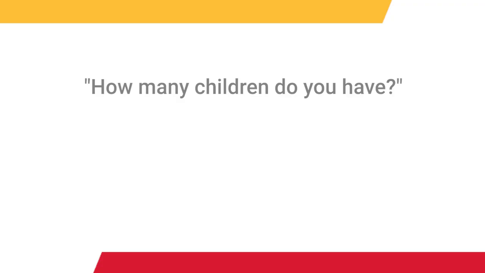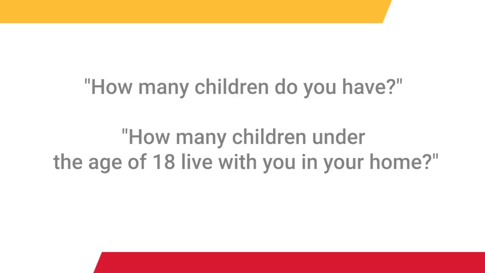For example, the question, "How many children do you have?" is unclear, and it can be interpreted in various ways. One respondent might think of only those children living at home, whereas another might include children from a previous marriage. A better question would be, "How many children under age 18 live with you in your home?" That is much more crystal clear, much more focused, and leaves nothing to confusion.